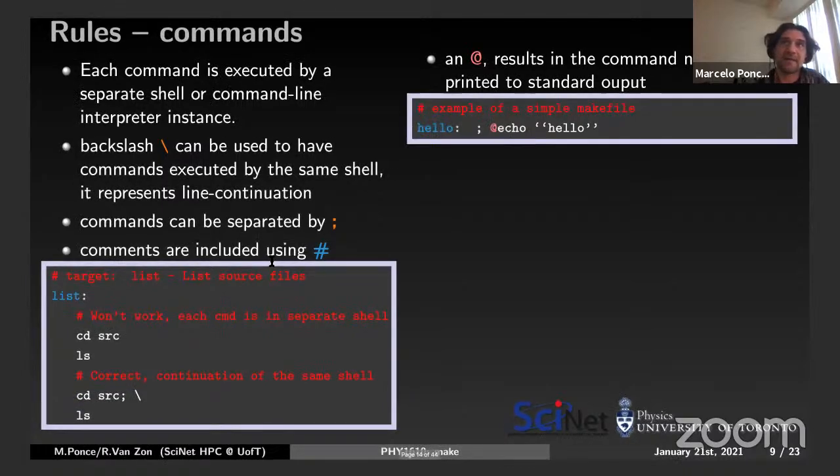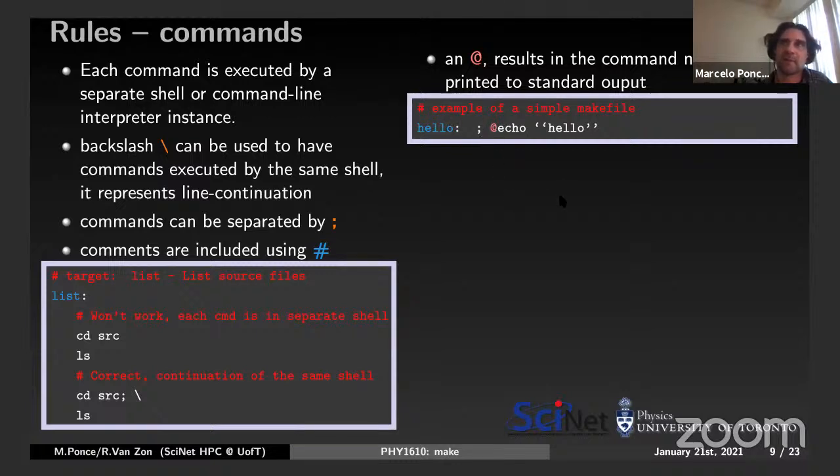Another nice thing is that using the @ operator or symbol results in the command not being printed to the standard output. So for instance, this is another simple rule, hello. For the sake of space, instead of breaking the line, having a new line and tabbing, I put a semicolon on the same line. That's another thing you can do.